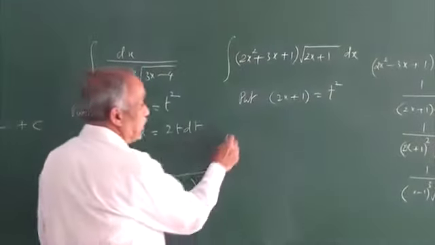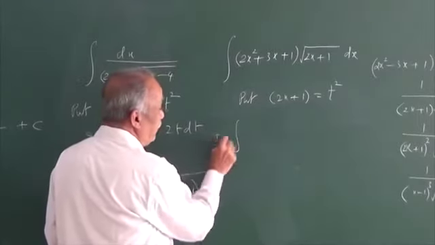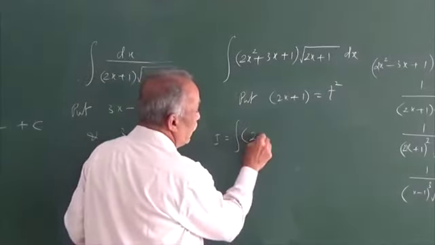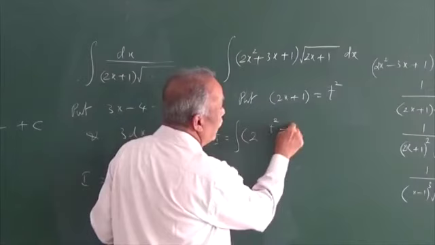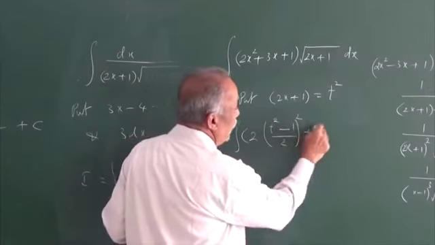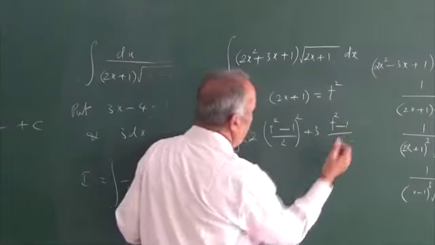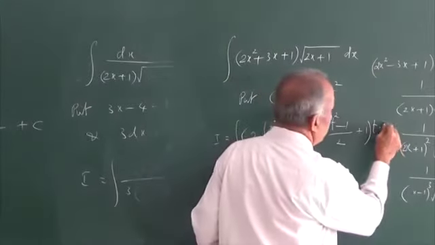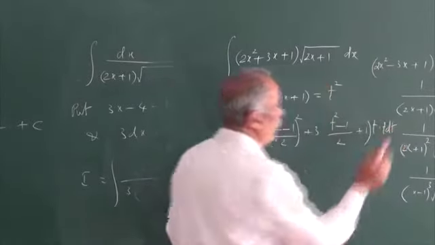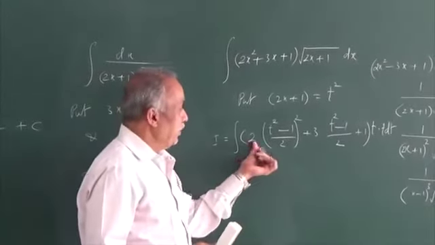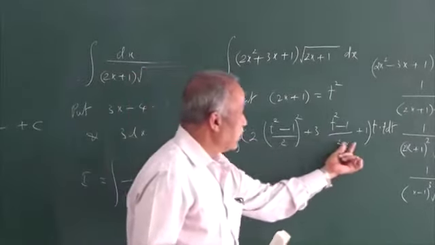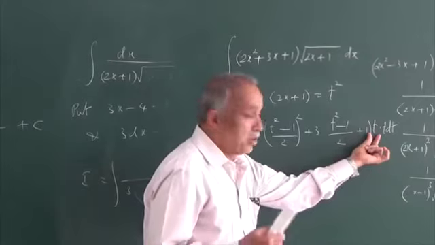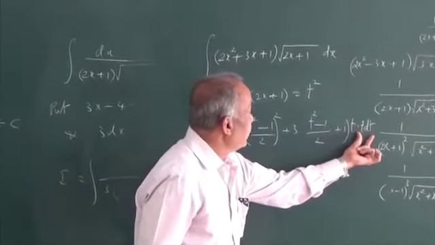On applying the substitution, my integrand becomes this is 2 into x square plus 3 into x plus 1. This is root of 2x plus 1 replaced by a function in terms of t, and this is equivalent of dx.